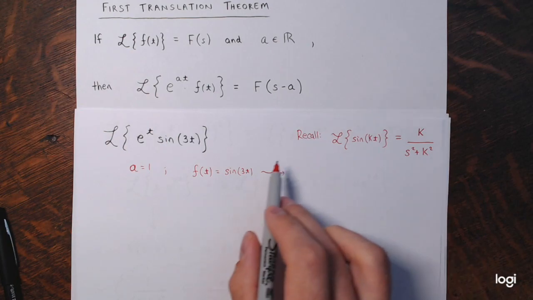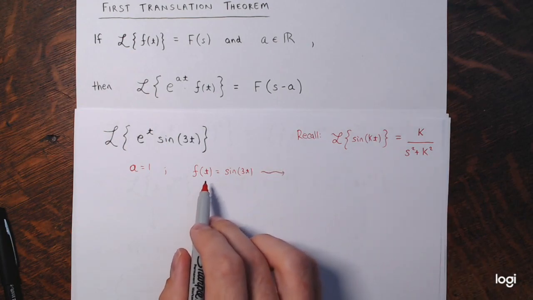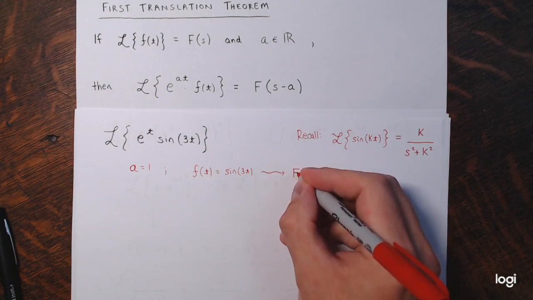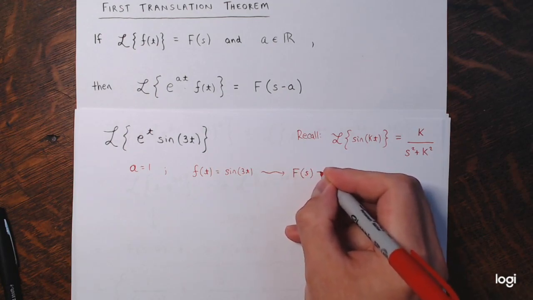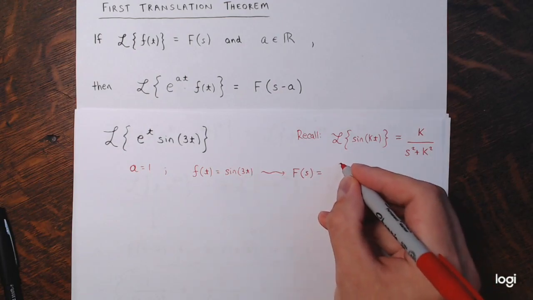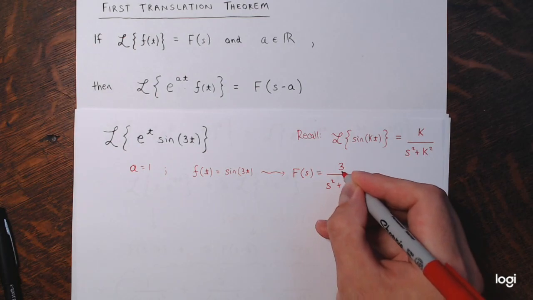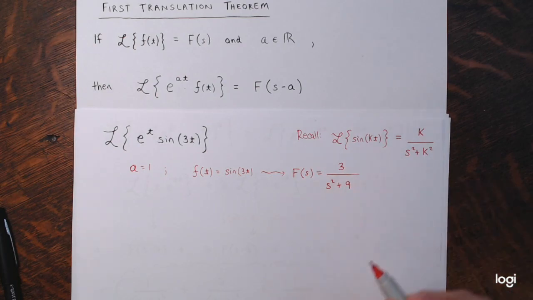So here, k is 3. So the Laplace transform of this f of t, which is again going to be called F of s, is 3 over s squared plus 3 squared, or s squared plus 9.